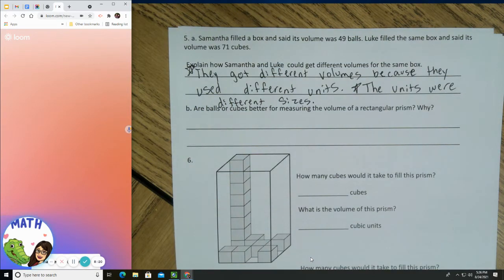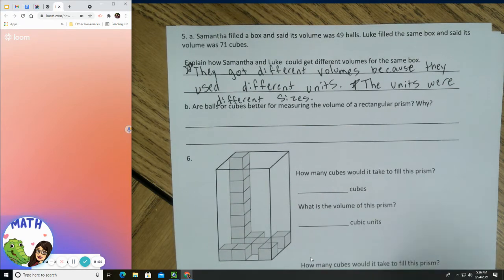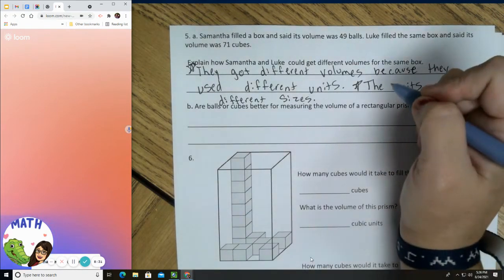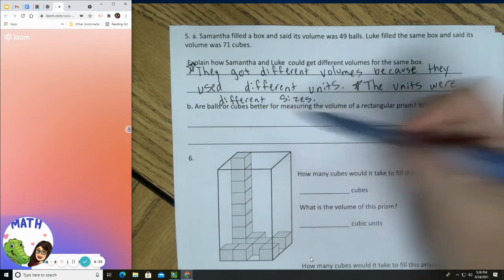Are balls or cubes better for measuring volume in a rectangular prism? And why? Make sure you answer both parts of the question. A lot of you did not answer it. You just told me why.